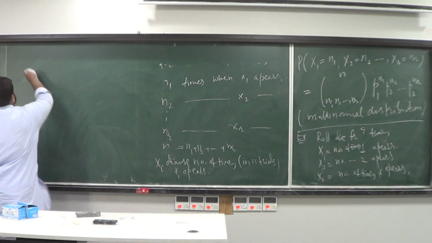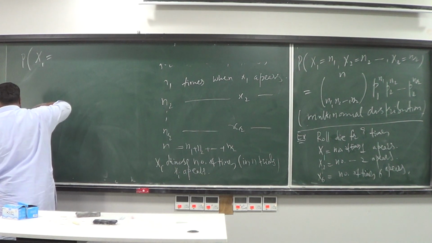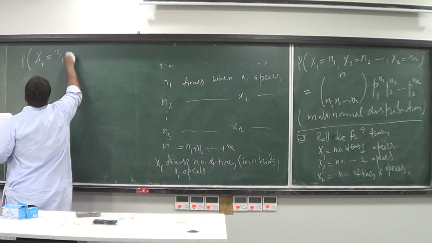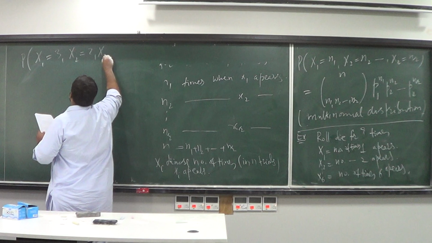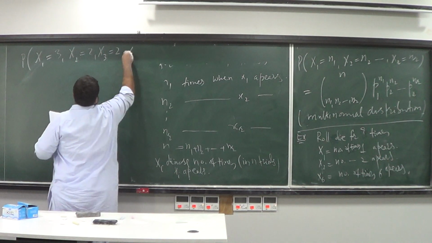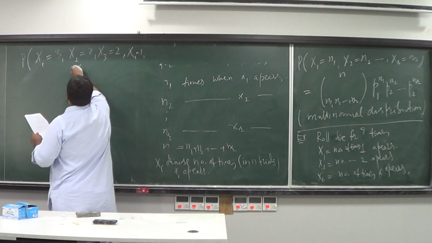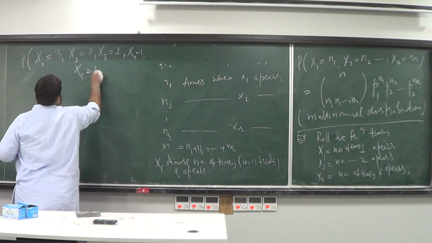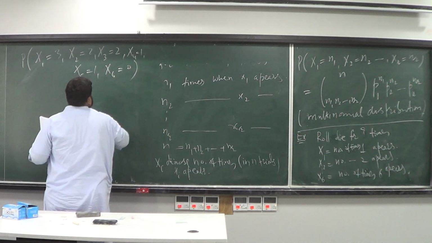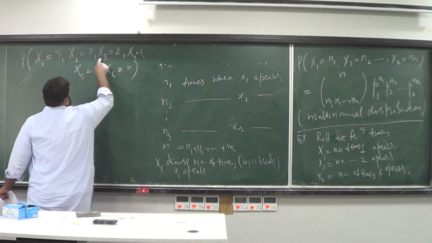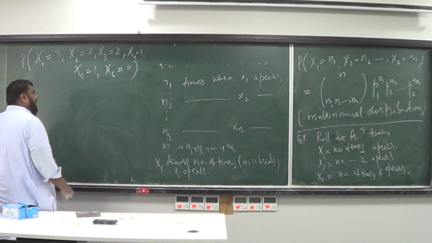What is the probability that 1 appears thrice, 2 appears 2 times, 3 also appears 2 times, 4 appears 1 time, 5 appears 1 time, and 6 appears none of the time, because 3 plus 2 plus 2 plus 1 plus 1 is 9, yes.